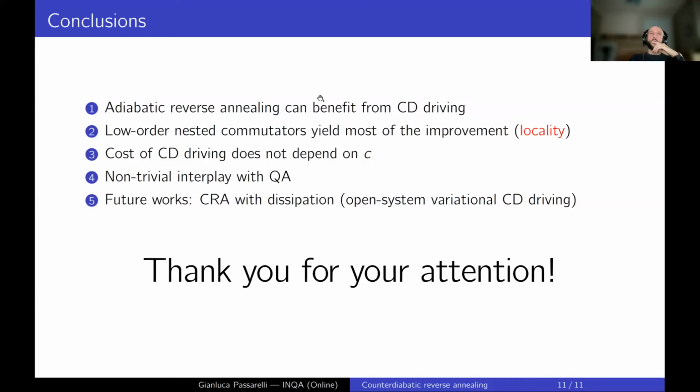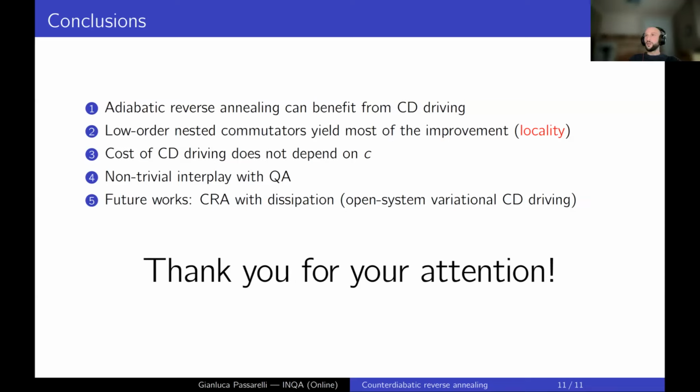This is a summary of what we did. We applied counterdiabatic driving to adiabatic reverse annealing, and in particular, we applied these low-order nested commutators, and we saw that actually just the first-order nested commutators can be of use to improve the performance of ARA.